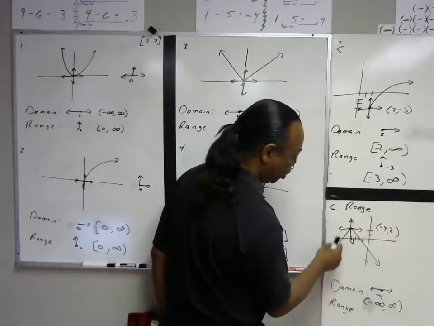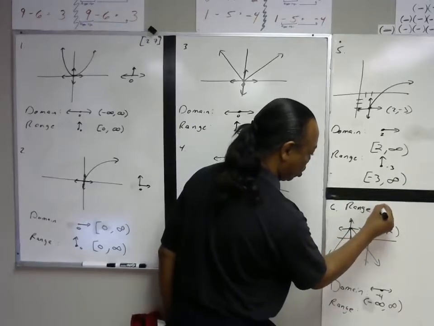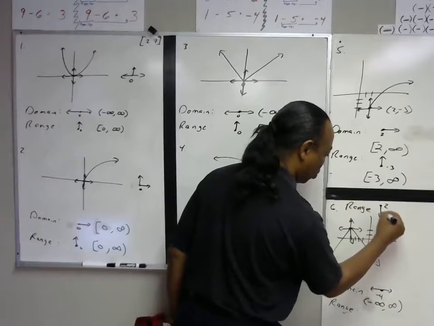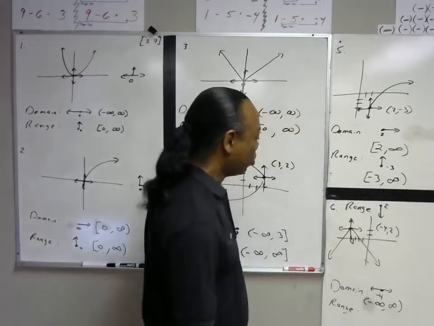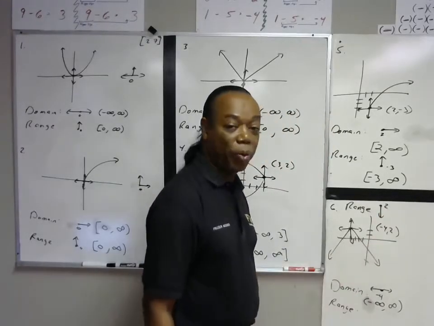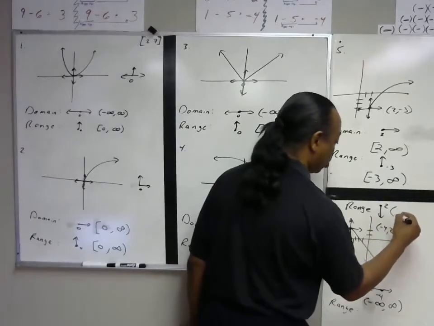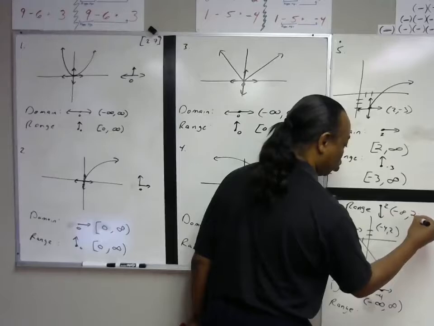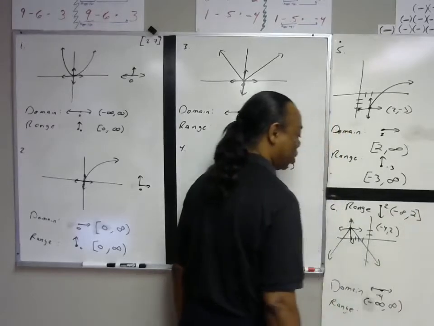So the range, according to this, it starts as high as 2, but it goes downward. So I would describe the range as going to negative infinity, downward, and then only as high as 2, in bracket, will stop at 2.